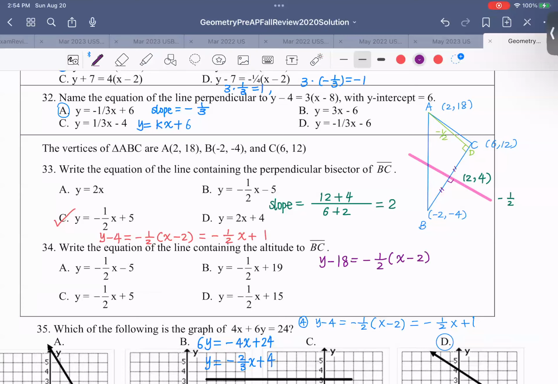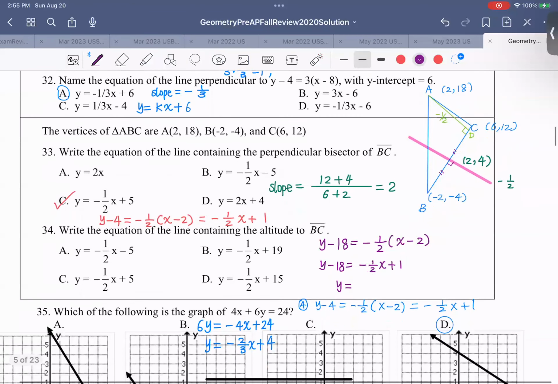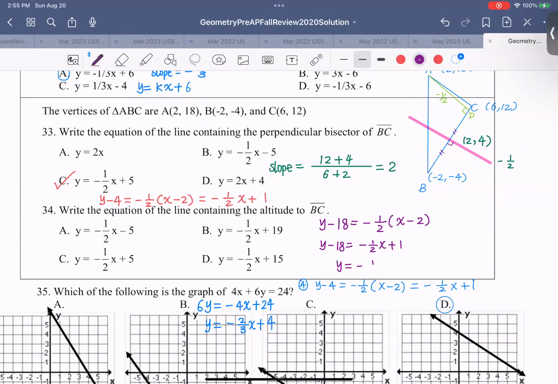Excellent. Further simplify, please. Negative 1/2 x plus 1. Good. So y will become y equals negative 1/2 x plus 19. Excellent. Good job.